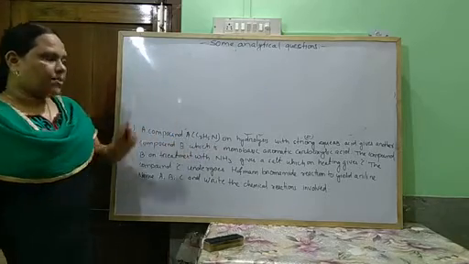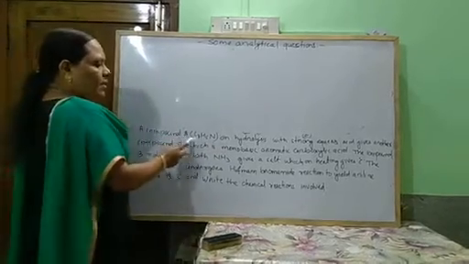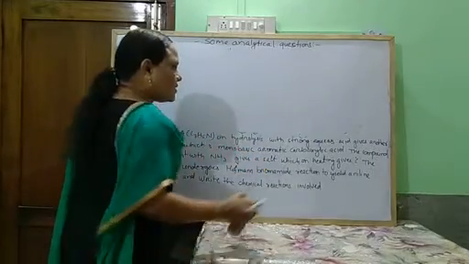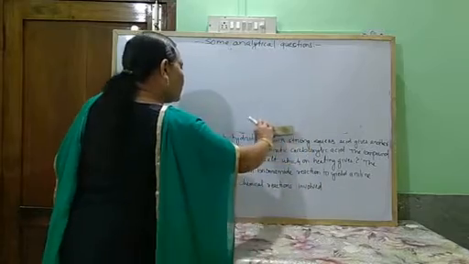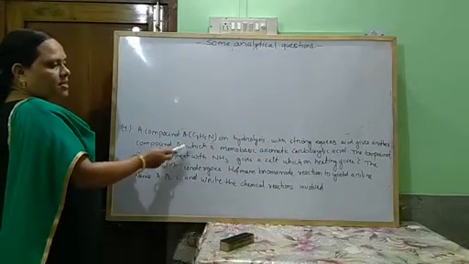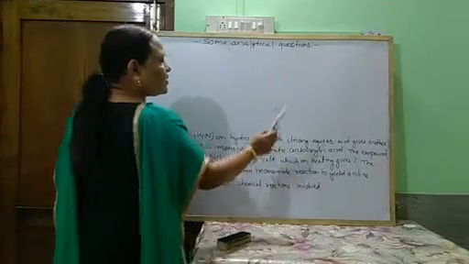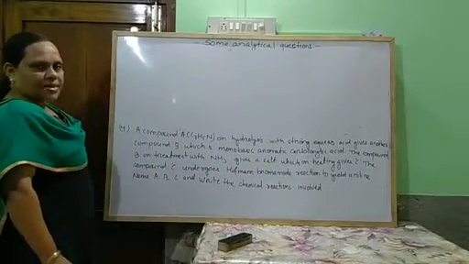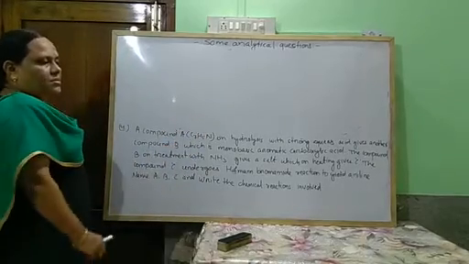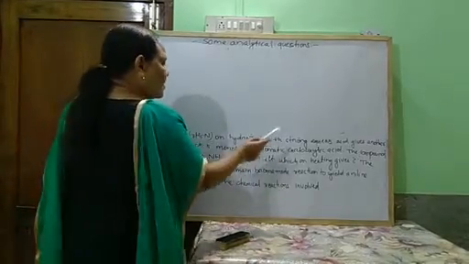From this formula you can know. A compound A on hydrolysis with strong aqueous acid gives another compound B, which is a monobasic aromatic carboxylic acid. So this compound on hydrolysis gives an aromatic carboxylic acid.